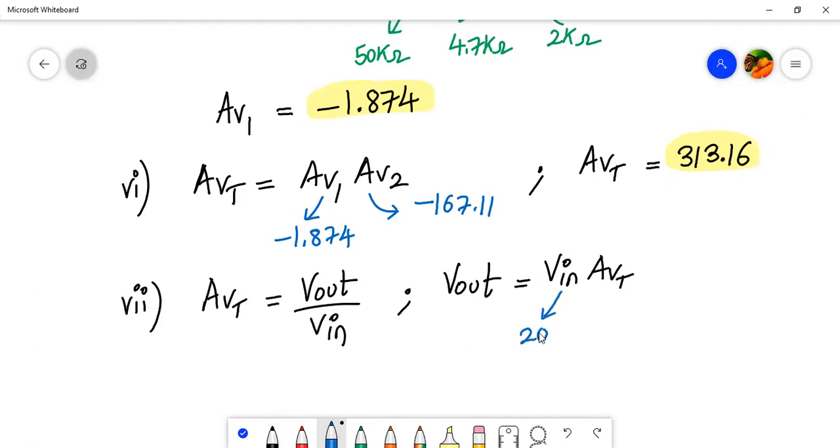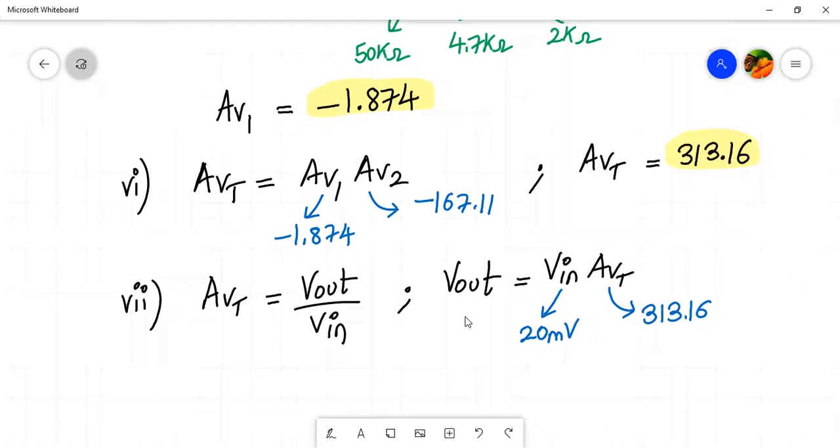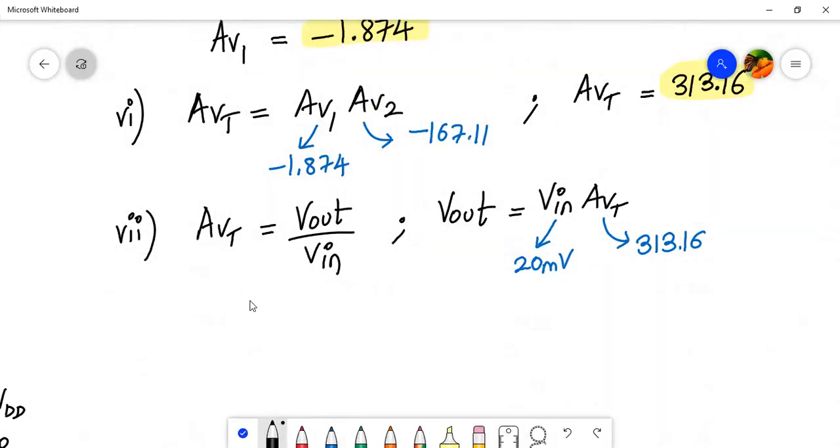V in is given as 20 millivolt peak to peak, and AVT is 313.16. If you multiply them together, the value of V out comes out to be 6.26 volt. Okay, so that's the value of the output voltage which we were looking for.